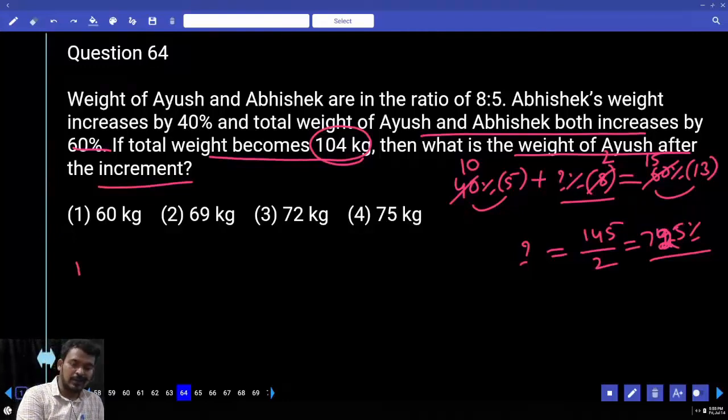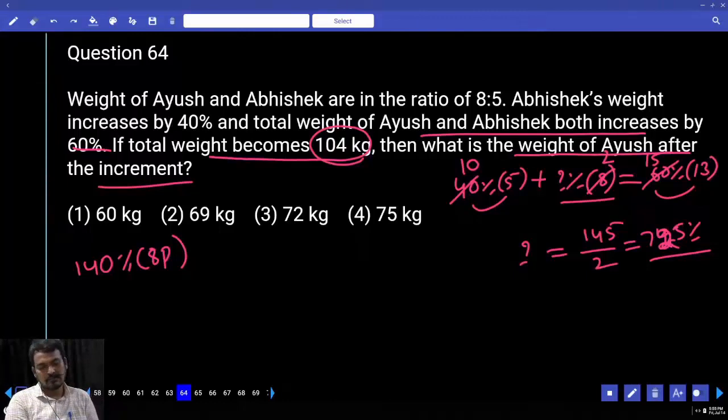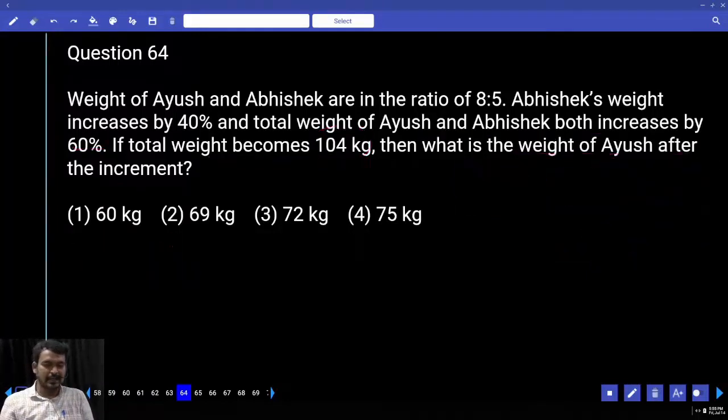First one, it is 140% of 8 parts. 140% of 5 parts. Wait, don't do it this way, the answer comes more easily.